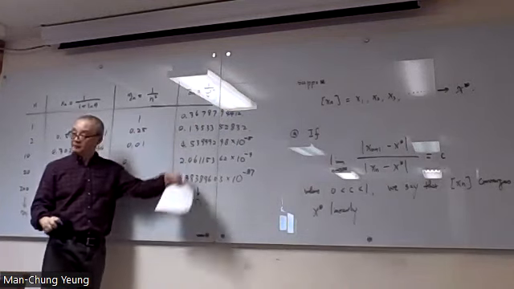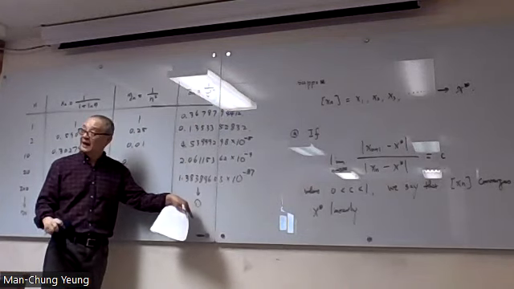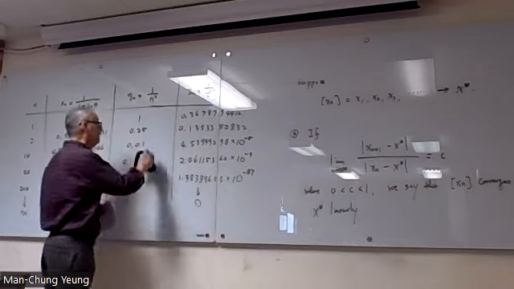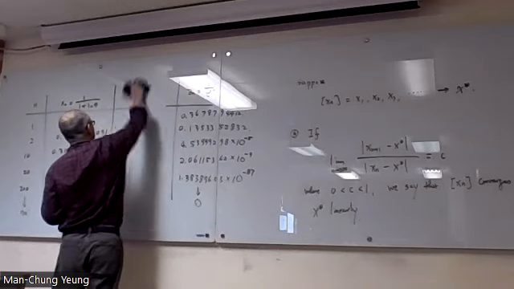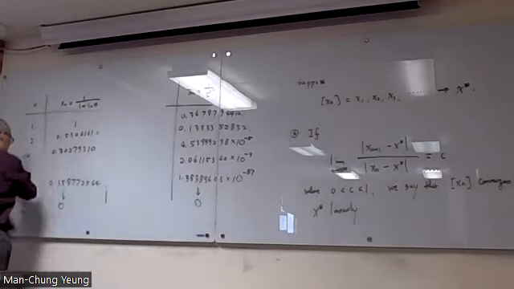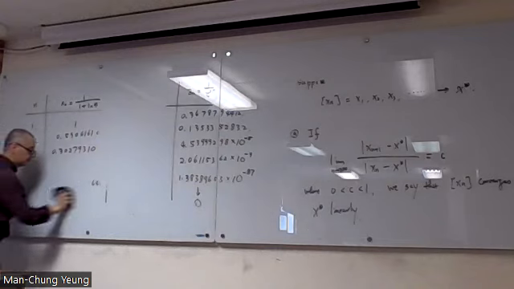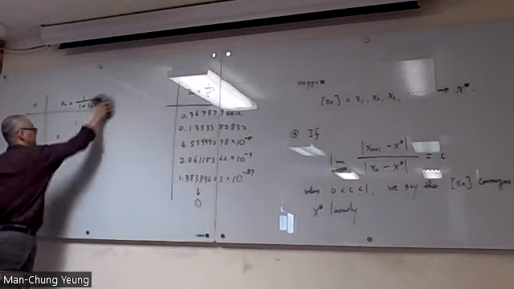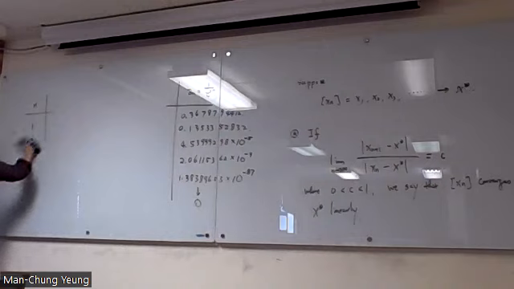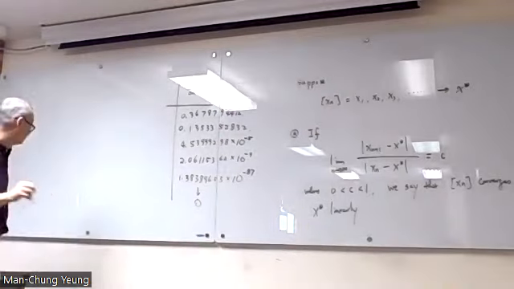It looks very fast, but it turns out quite slow. Just a linear convergence. Let me have a check. Let me compare that limit.